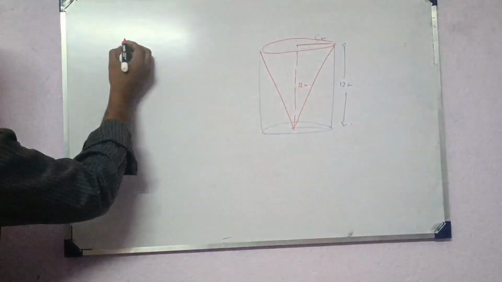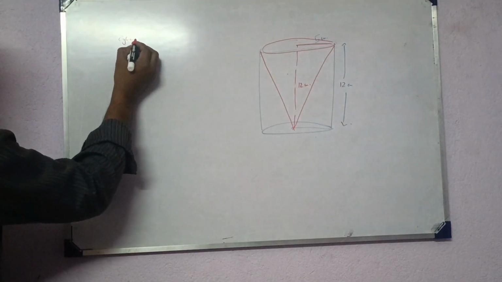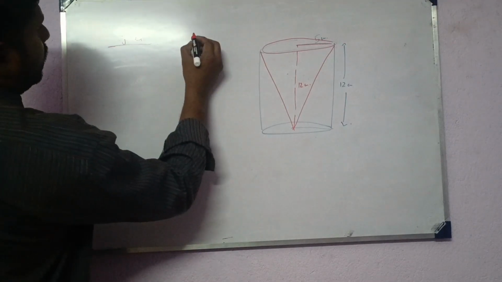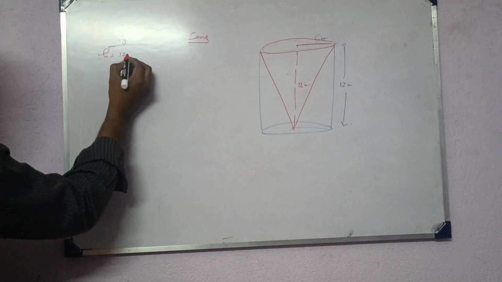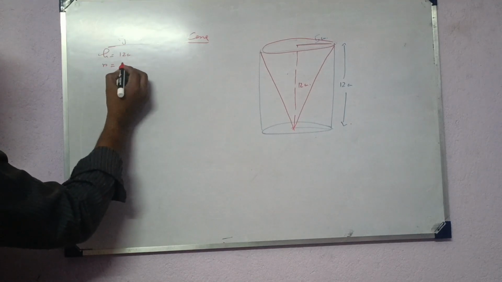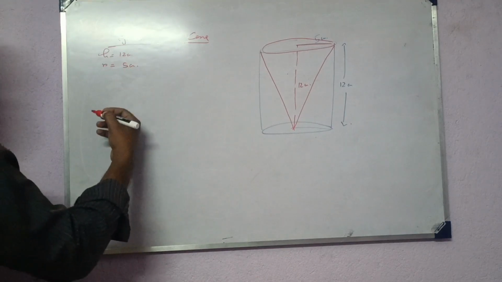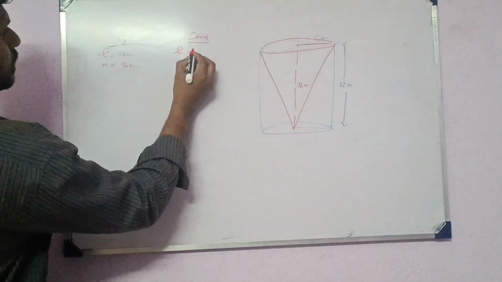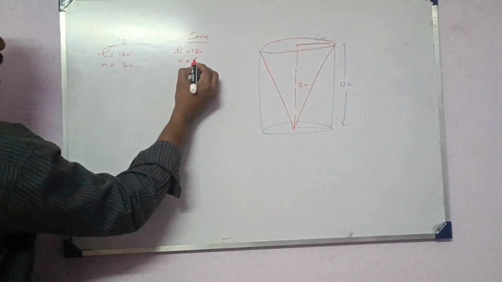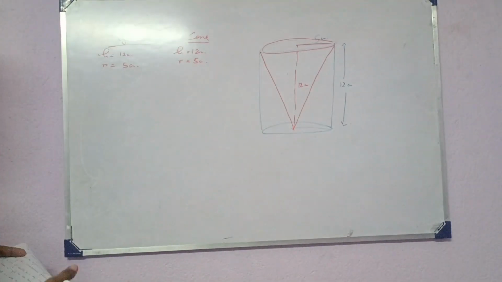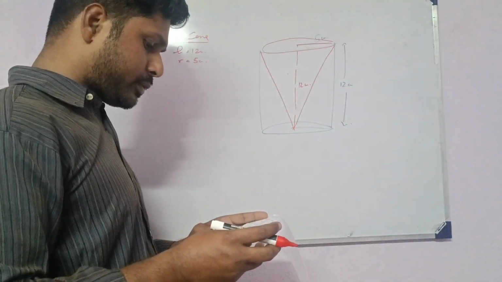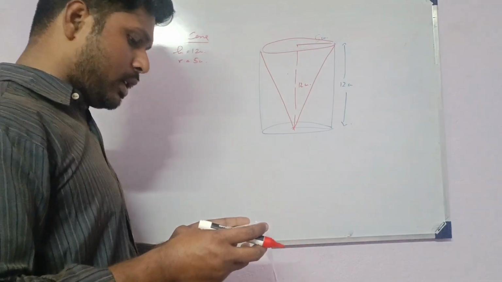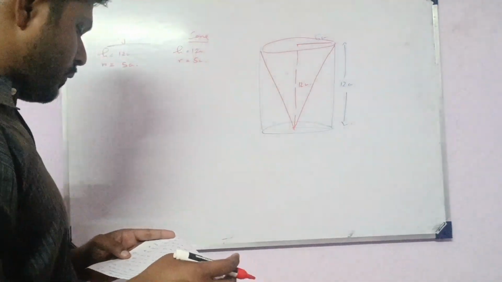So there are two parts, one is a cylinder and another one is a cone. Cylinder's height is 12 centimeter, radius is 5 centimeter, cone's height is also 12 centimeter, radius is 5 centimeter. We have to find the total surface area and volume of the remaining figure.